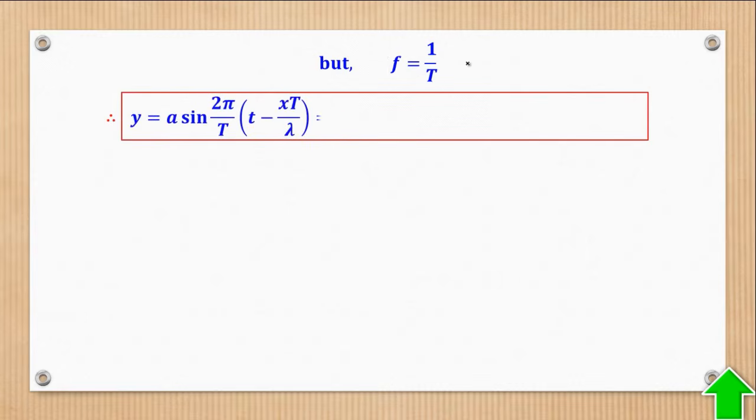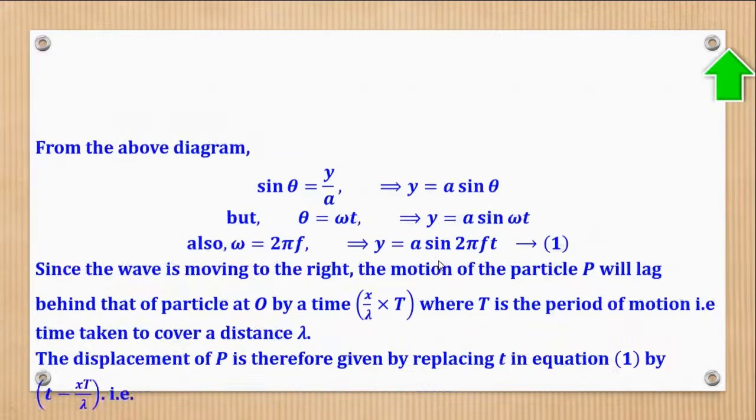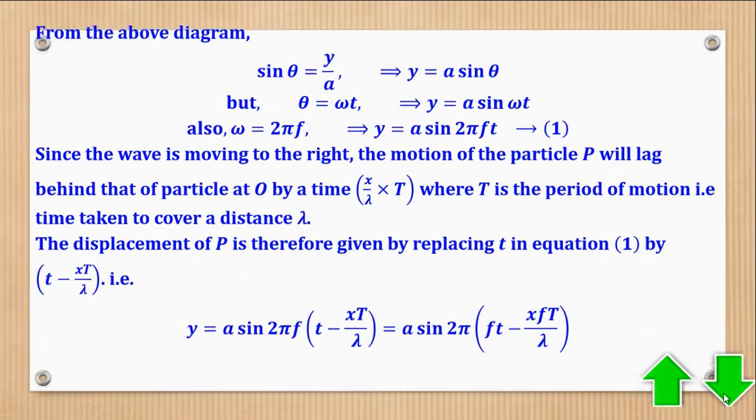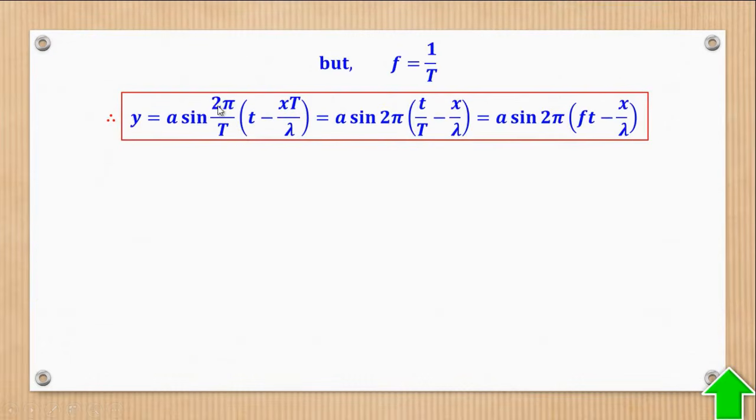Therefore, where there was f, I'll put there 1 over T. Remember here, using this first, where there is f, I put there 1 over capital T to come up with 2 pi over capital T in brackets t minus xT over lambda.